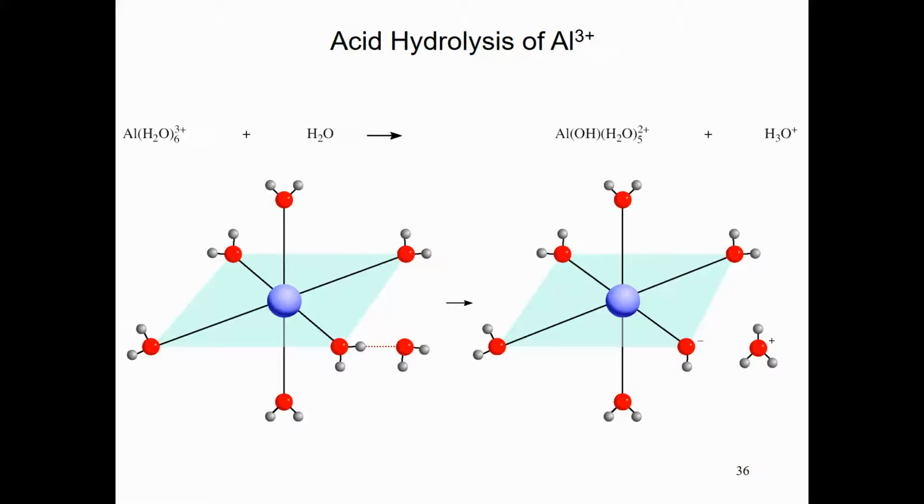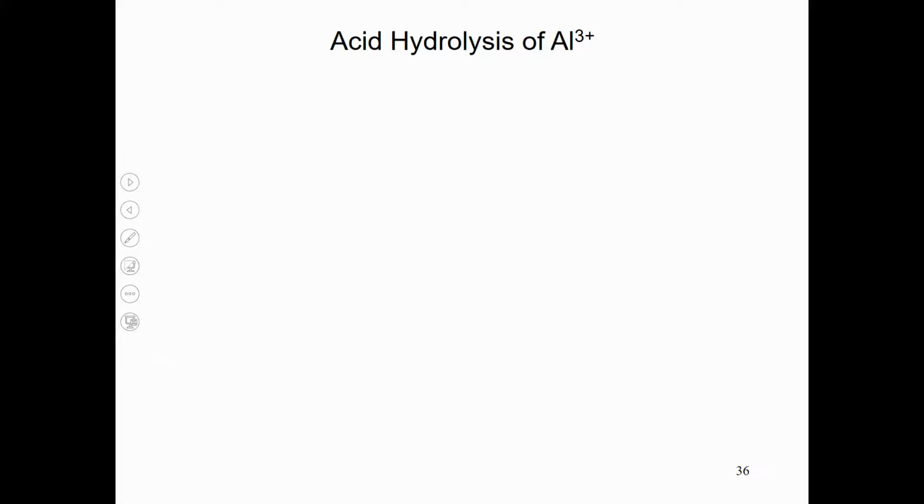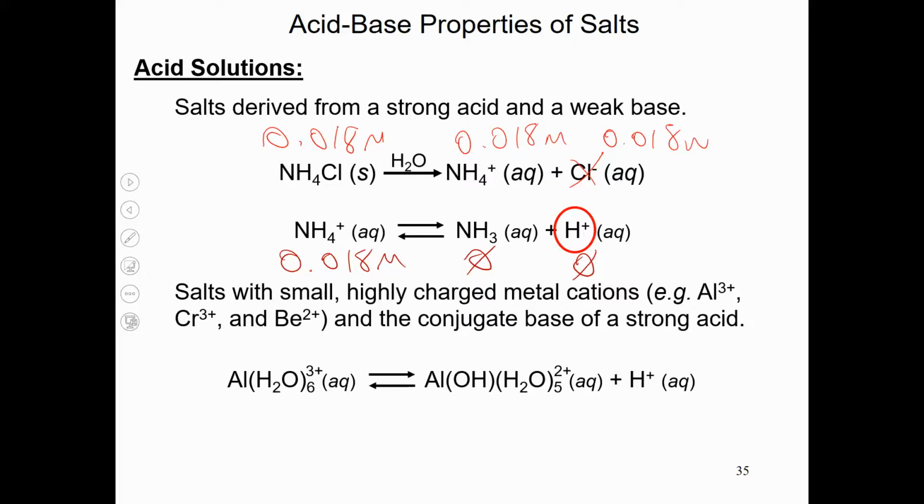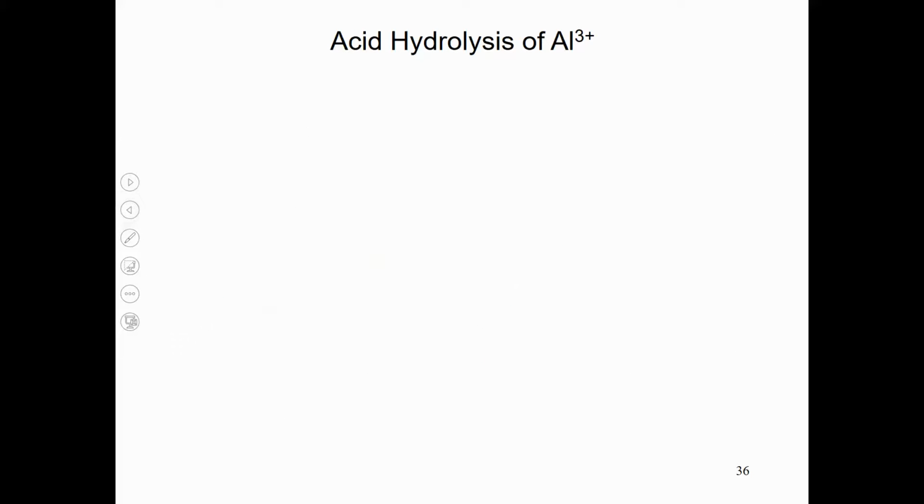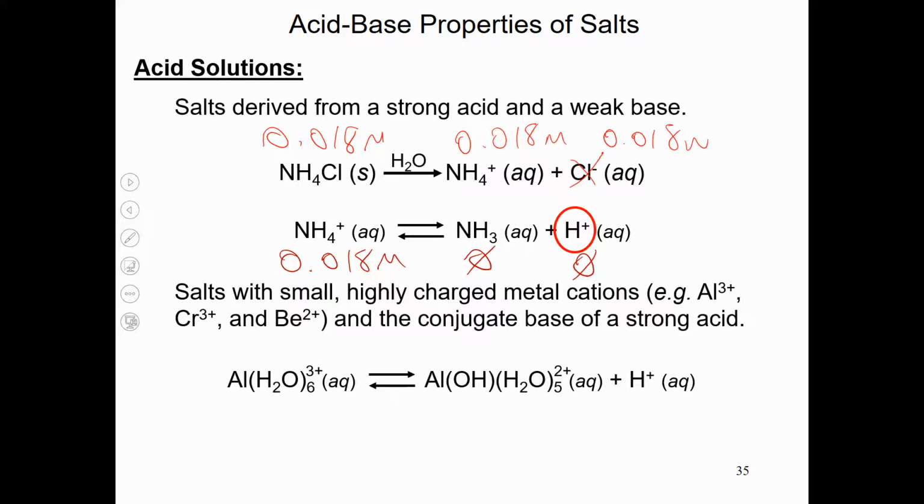Okay? So you can see that the water surrounding the metal cation, it's a highly charged metal cation, like Al3+, the chromium ion. Okay, like the chromium and the beryllium, these are highly charged metals in solution, and they will create those 6 waters surrounding it.